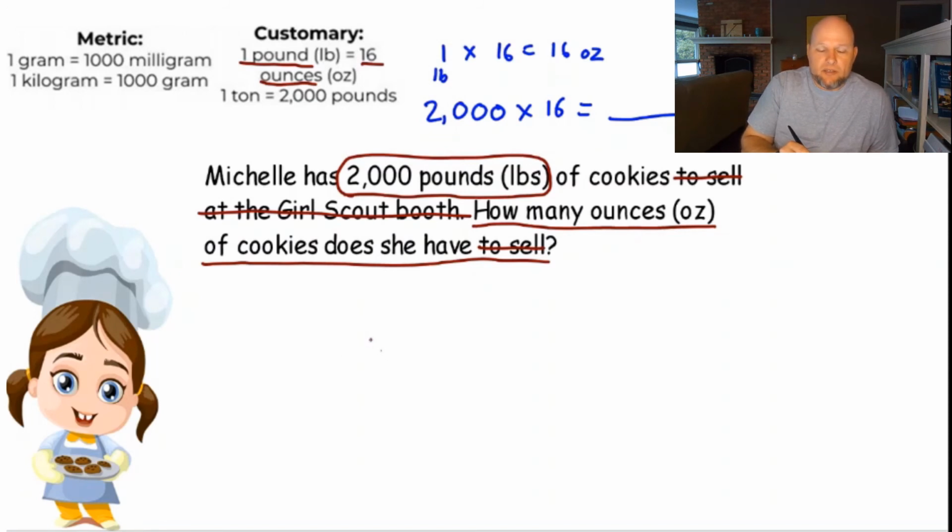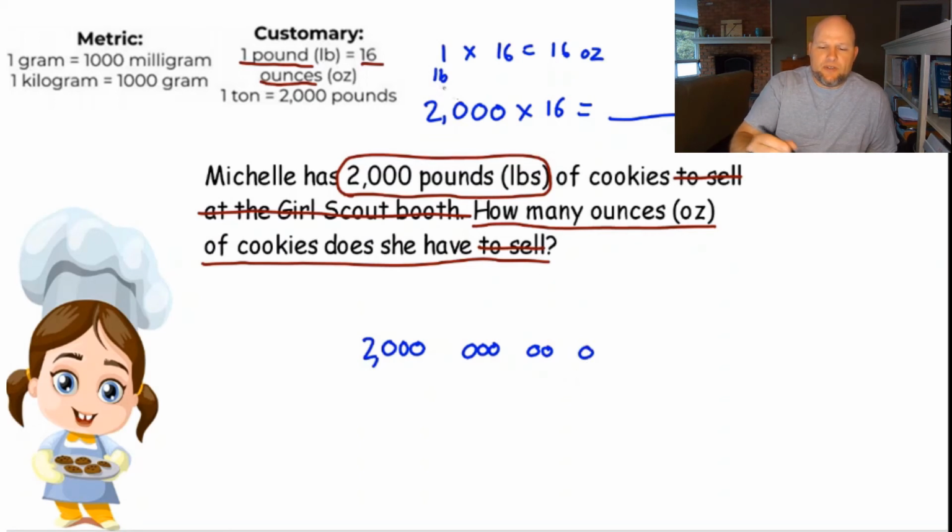We'll put our 2,000 at the top. So we have one column for our thousands, another column for our hundreds, and we have nothing in our hundreds column, so we'll just put our zeros. Our tens column has zeros, and our ones column has zeros.